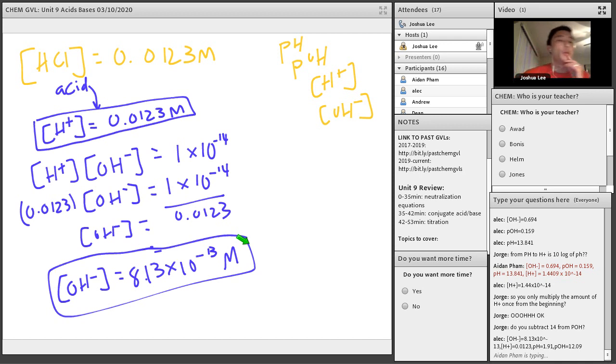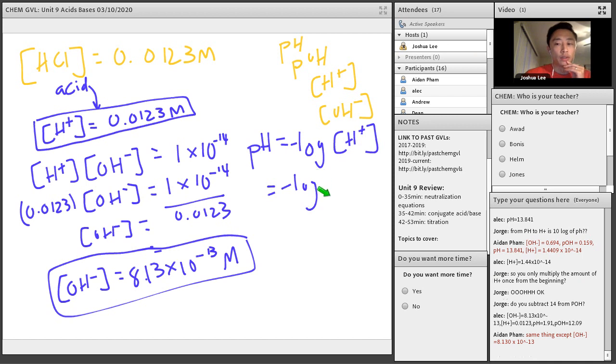And we know that pH is the negative log of H plus. That would be negative log of 0.0123. Sounds like you get 1.91 pH.